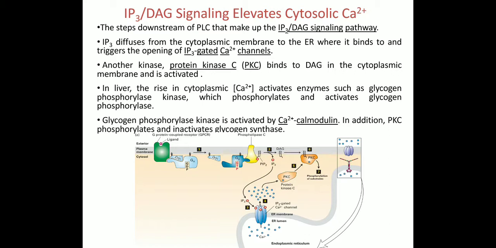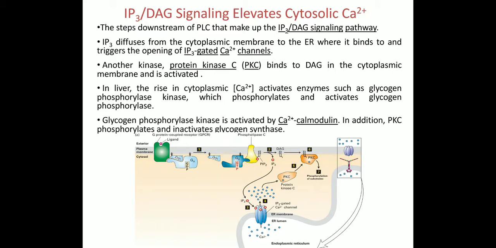After diffusing through the cytosol, IP3 interacts with and opens the calcium channels in the membrane of the endoplasmic reticulum, causing the release of the stored calcium ions into the cytosol.